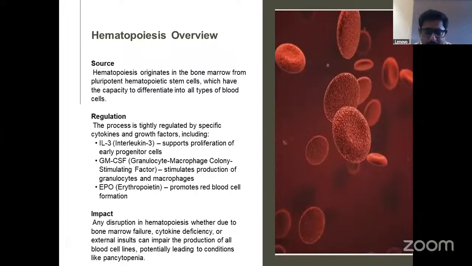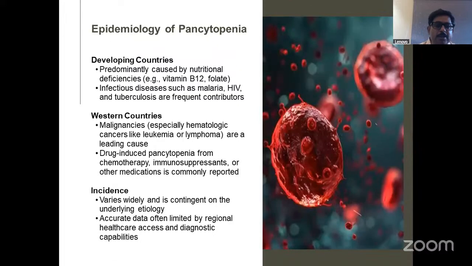Now, any disruption in hematopoiesis, whether due to bone marrow failure, a cytokine deficiency, or an external insult, can impair the production of all blood cell lines and potentially lead to what we call pancytopenia. So, a tightly regulated process being disturbed either internally or externally can lead to pancytopenia, a disturbance in all the three cell lineages.